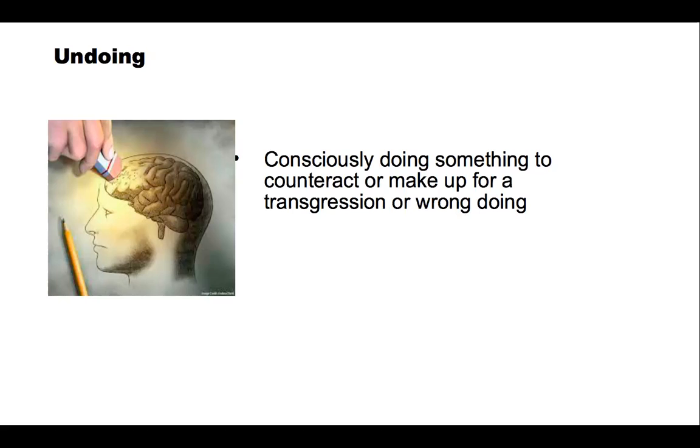Now let us see what is undoing. So this is consciously doing something to counteract or make up for a transgression or wrongdoing, or is the act of symbolically canceling or reversing a previous act which is unacceptable.